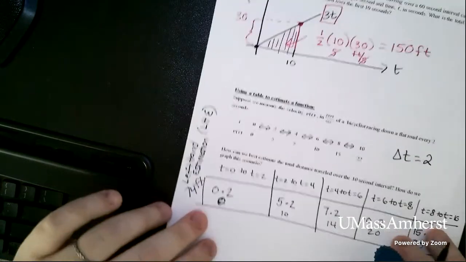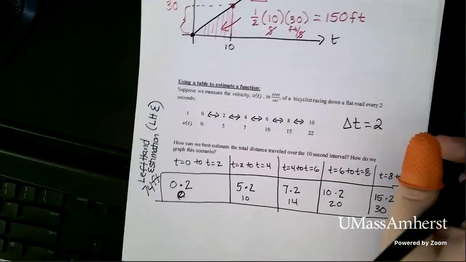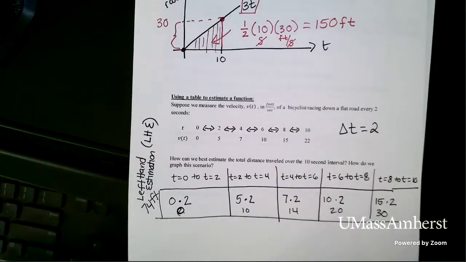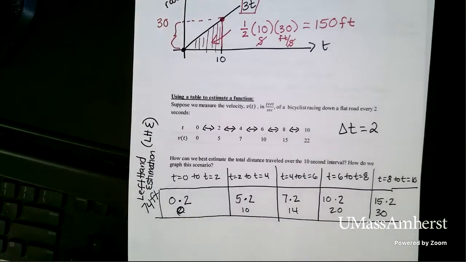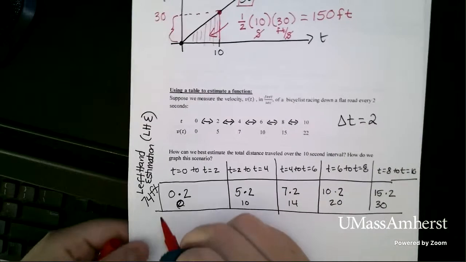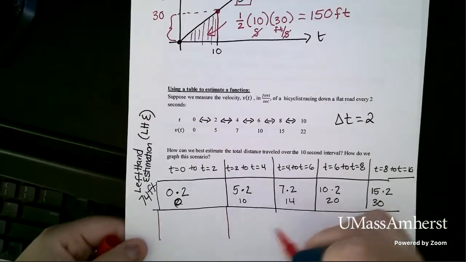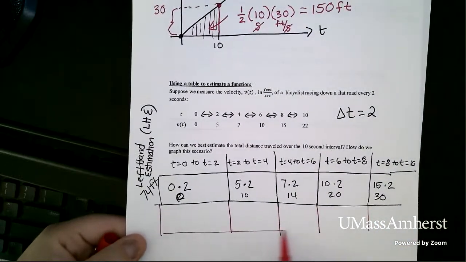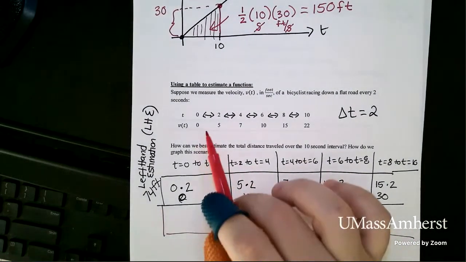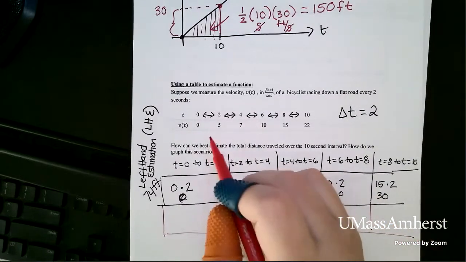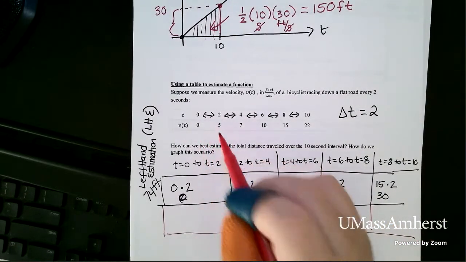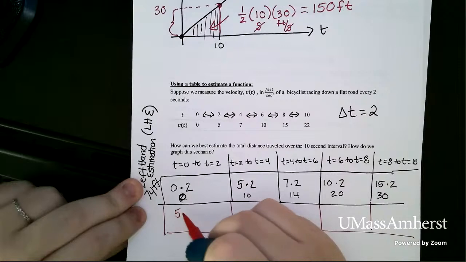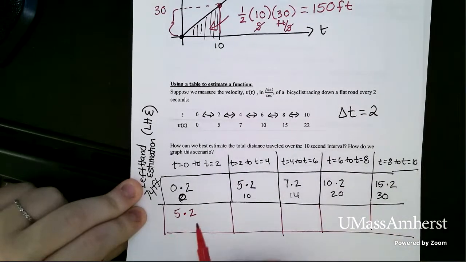Now, if I can do a left-hand estimation, there's also then a right-hand estimation, right? So for a right-hand estimation, I'm going to do the same exact thing, except for each 2-second interval, I'm going to pick the rate on the right. So from time equals 0 to time equals 2, if I pick the rate on the right, now I'm going to pick 5 times 2, rate times time.